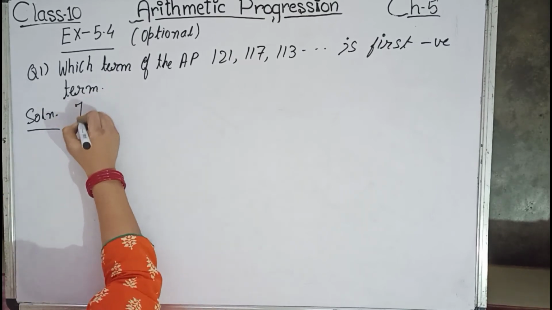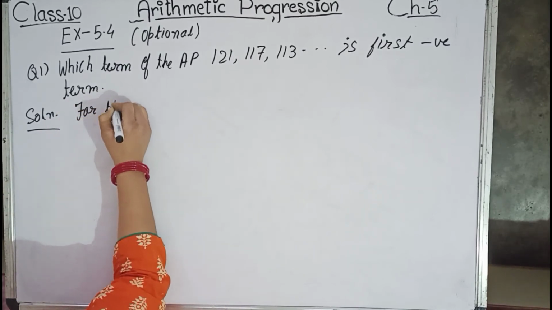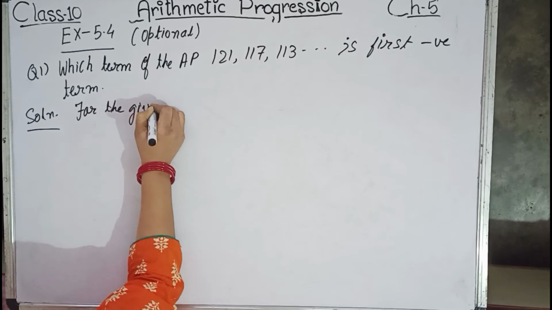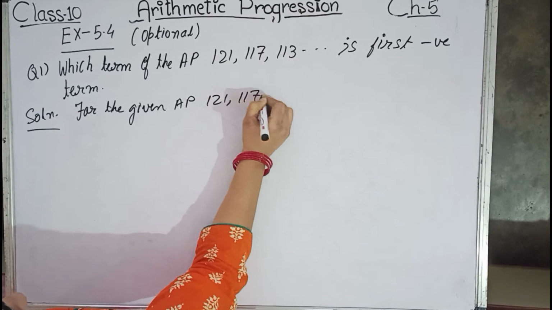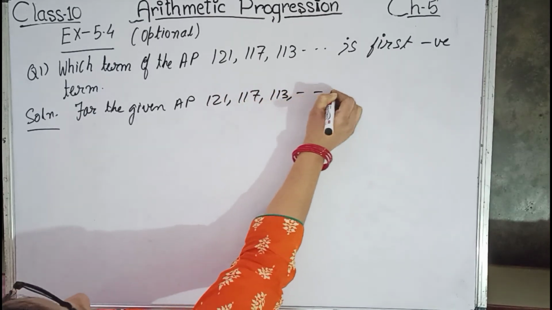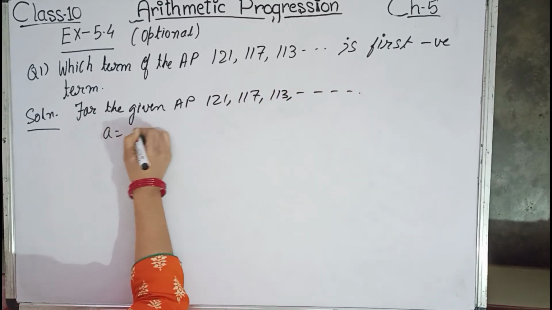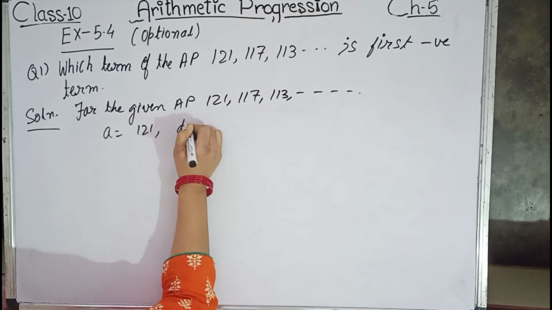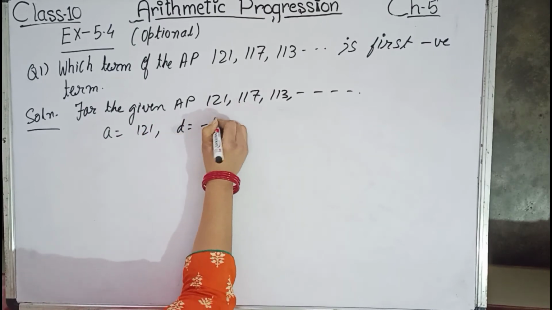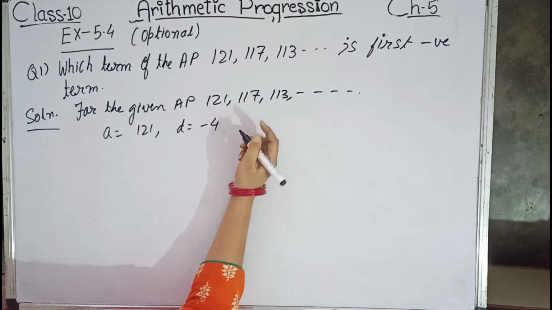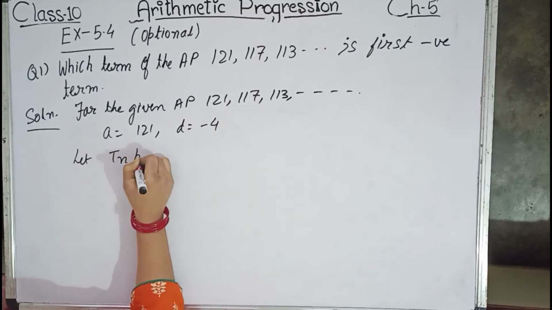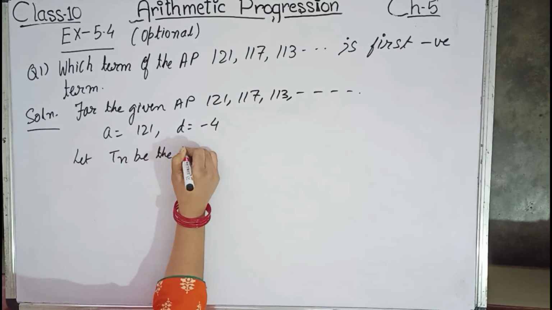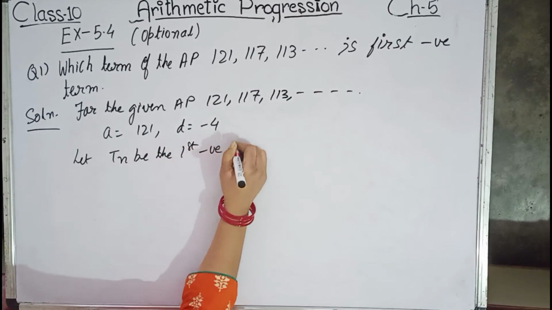We will be writing for the given AP 121, 117, 113 and so on, A equals 121, D equals minus 4, and let Tn be the first negative term.